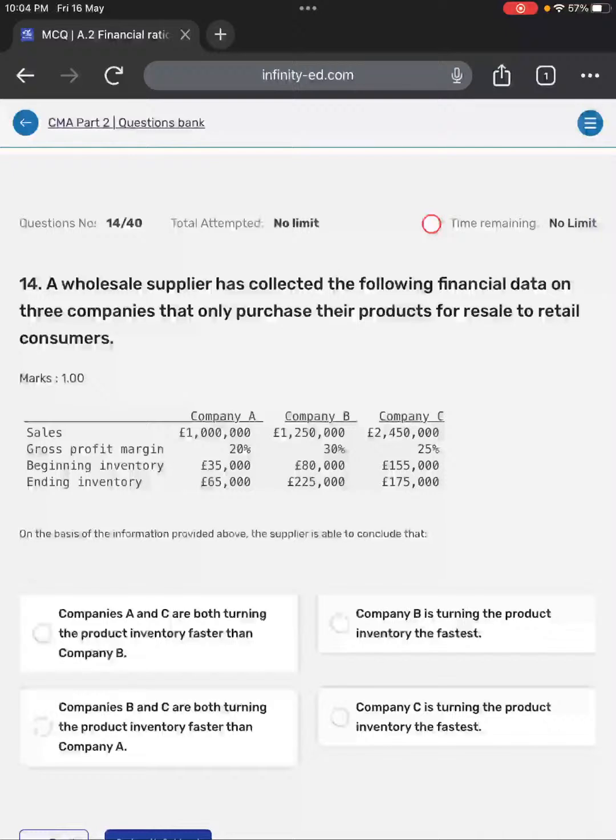Okay, and 360 divided by 6.3 comes to 57 days.